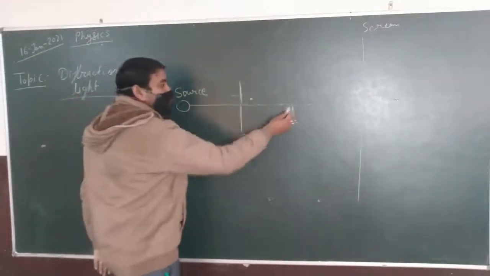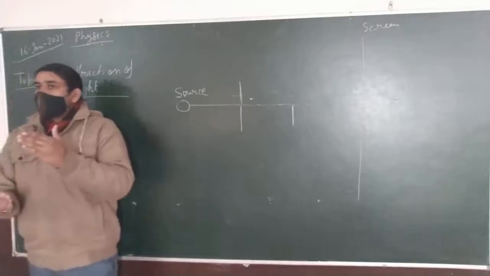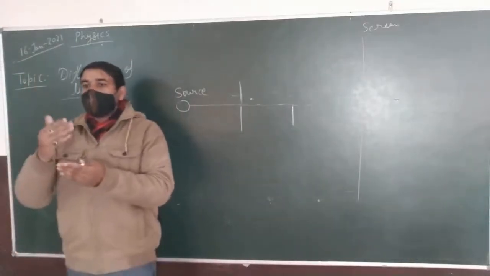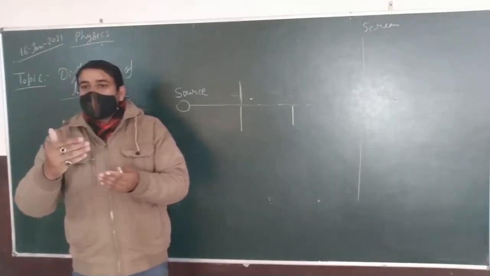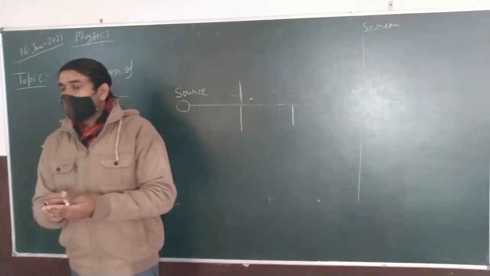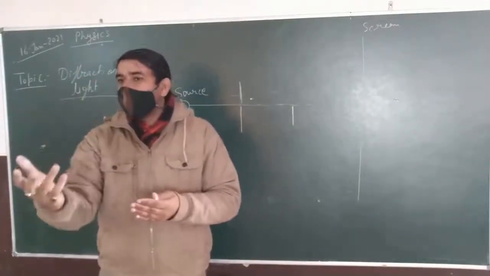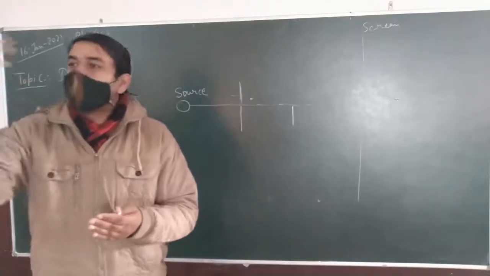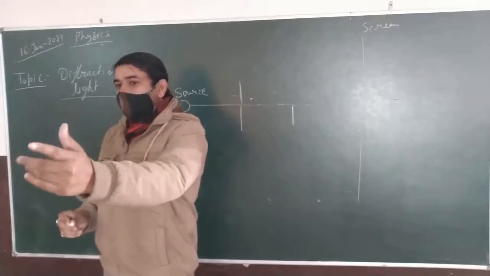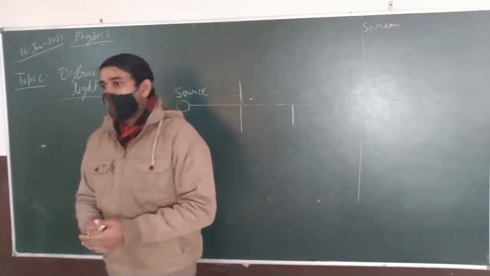You also observe this in daily life. If one person is standing in front of you and is taller than you, the person behind that taller boy cannot see you, but you can see them.